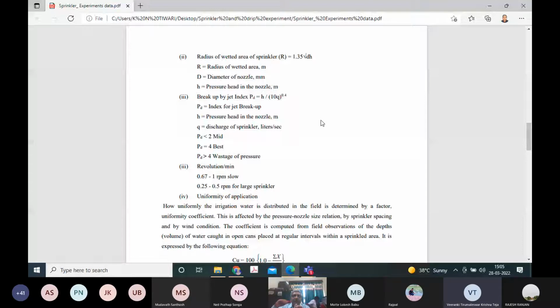Then another parameter of evaluation is the revolution.